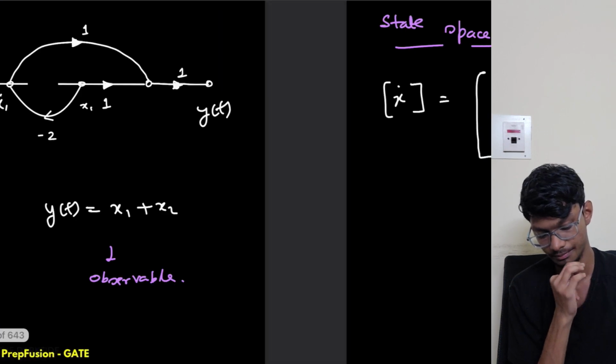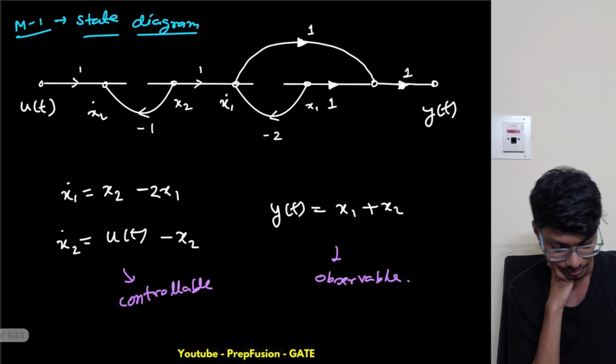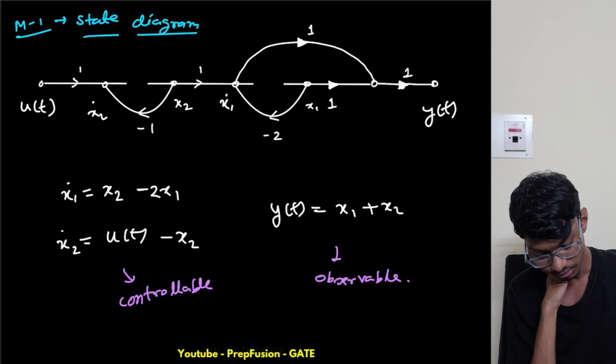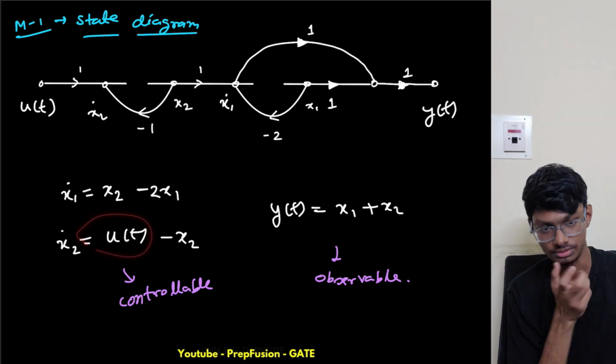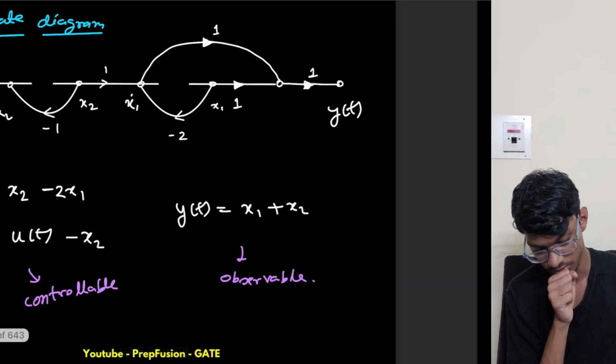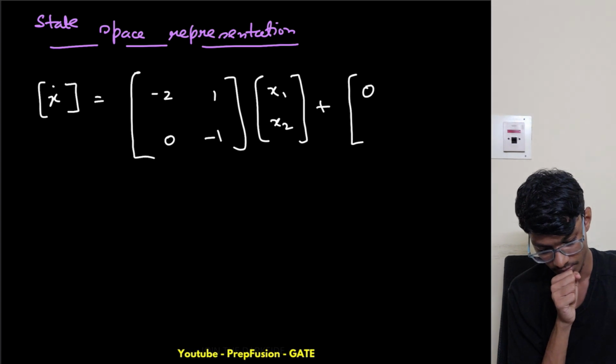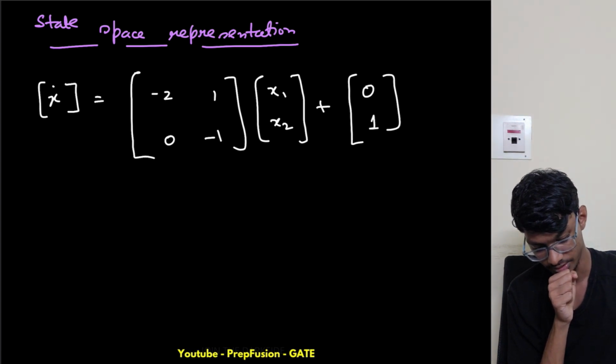Plus Bu, right? What is B? B is related to this u. x1 is not related with the u input, but x2 is, directly, okay. So this will be 0, 1 basically.